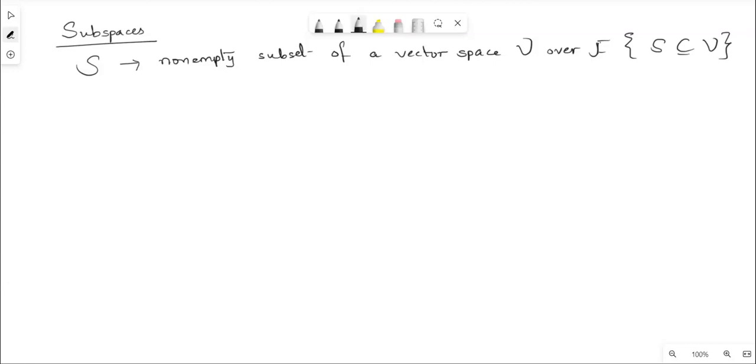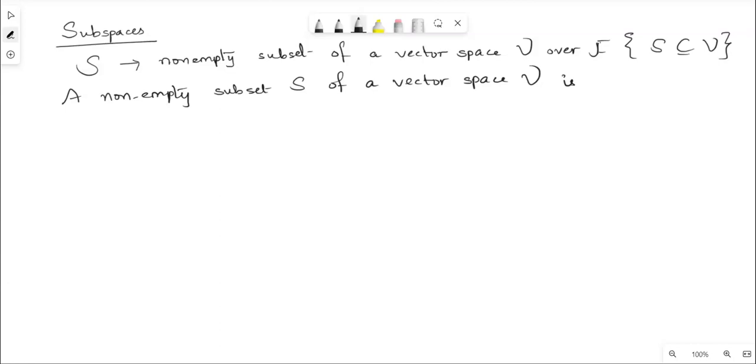So we can say that a non-empty subset S of a vector space V is a subspace.